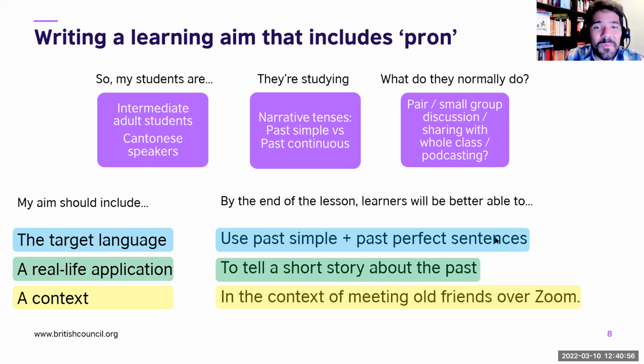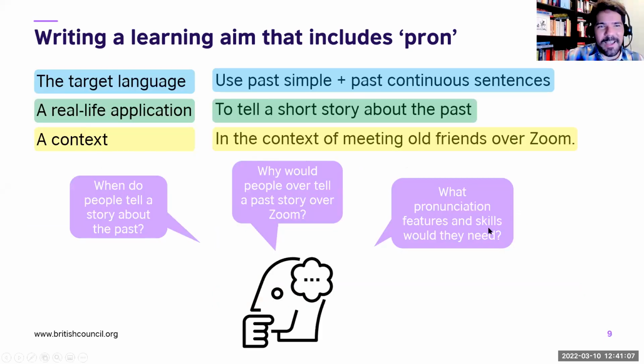But now that we have a real life application in our aim and a context, we need the pronunciation question. So here we are on the right hand side of the screen. You have the pronunciation question. What pronunciation features and skills would they need to tell us a short story about the past in the context of meeting old friends?